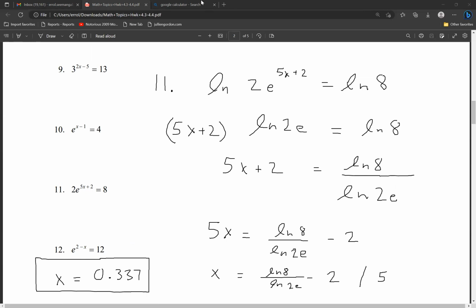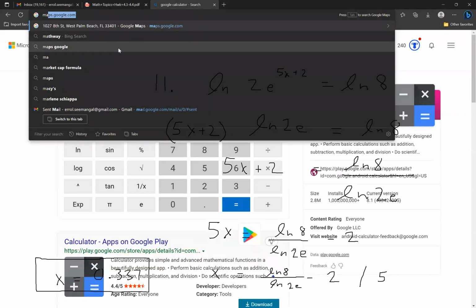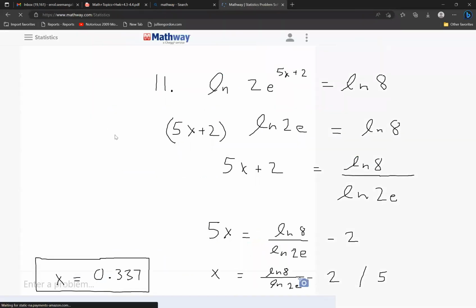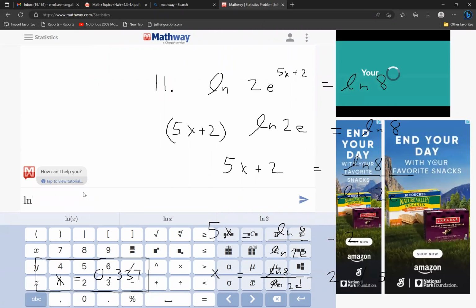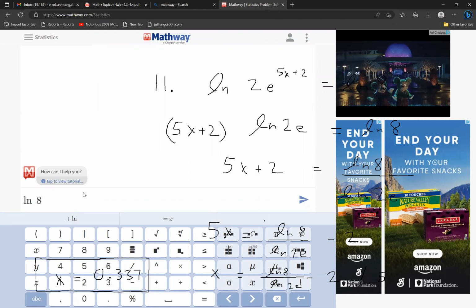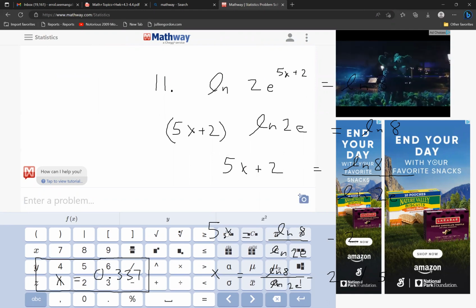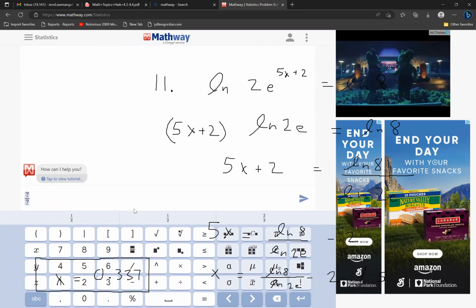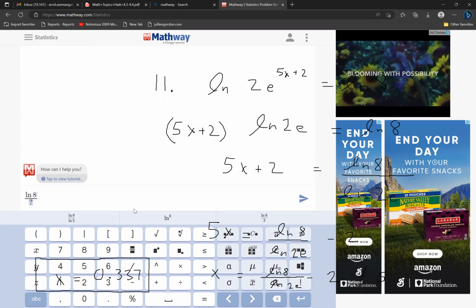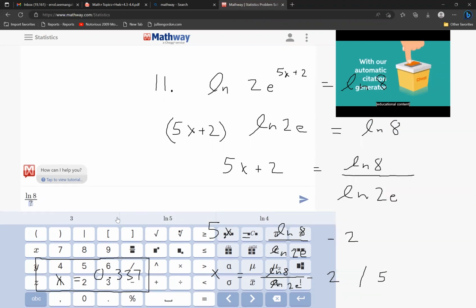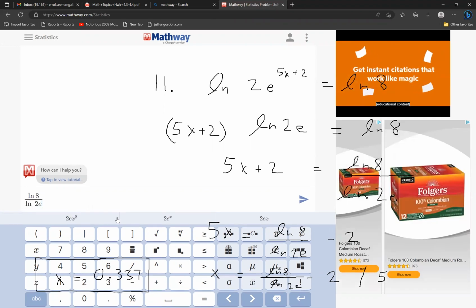All right, let's go to Mathway and put that whole thing in. So ln 8 on top, using the fraction button, and ln 2e on the bottom.